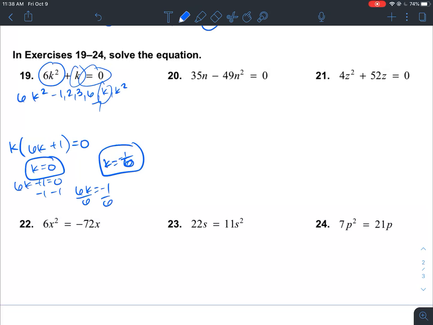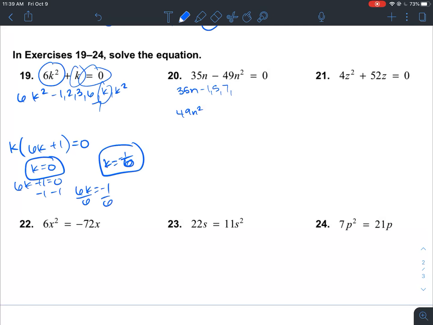Now let's go over 20 now. So we have the term 35n, okay? And then we have the term 49n squared. So if we list factors of each, 35 can be divided by 1, 5, and 7, okay?